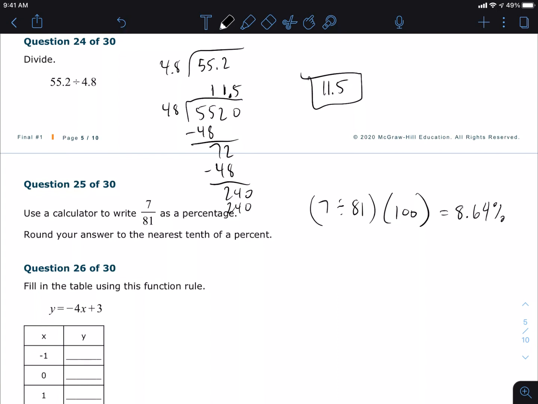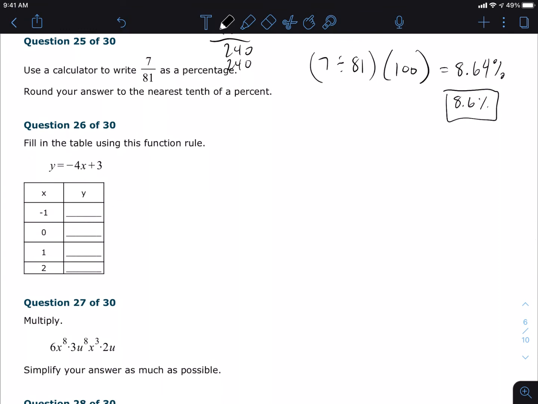So does that make sense? You take your decimal and then multiply by 100. Oh, and it wants it to the nearest tenth. So then 8.6%. Any questions on any of these so far? No. Oh, we're good? Okay, cool.